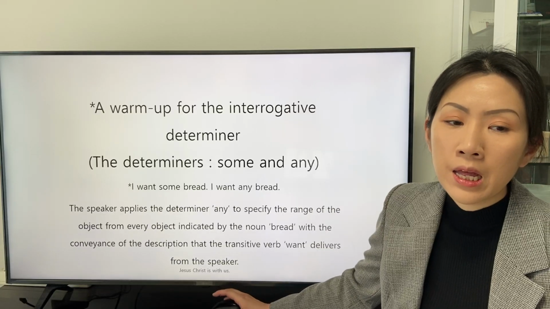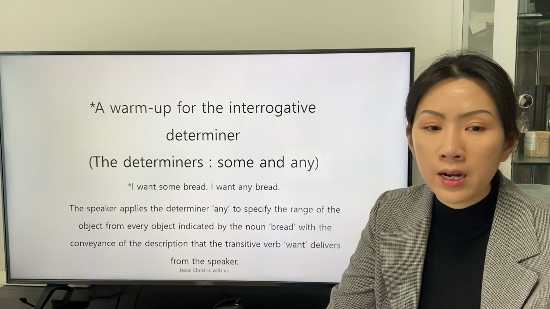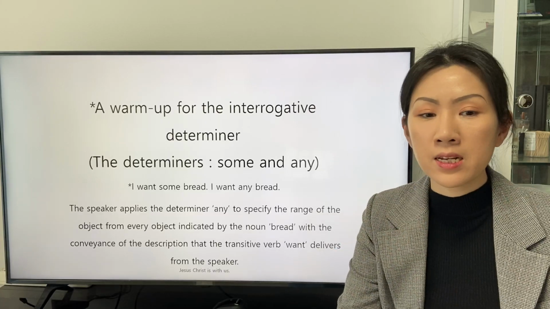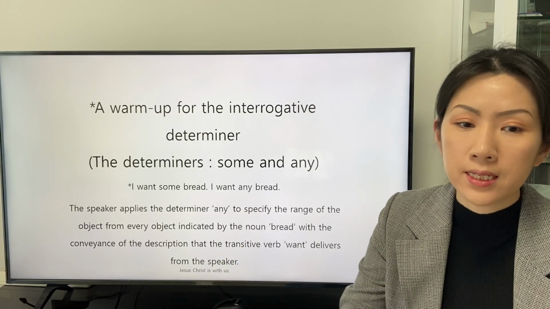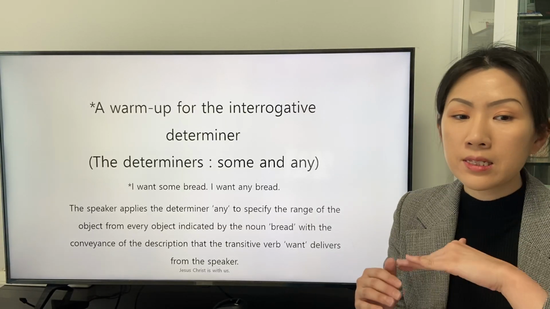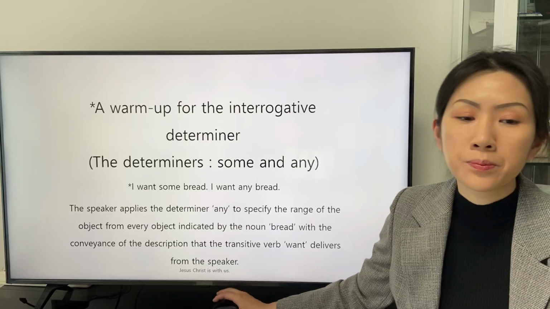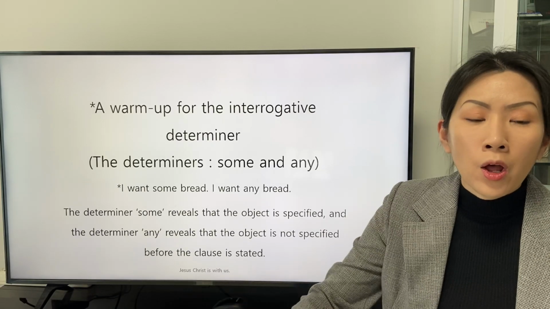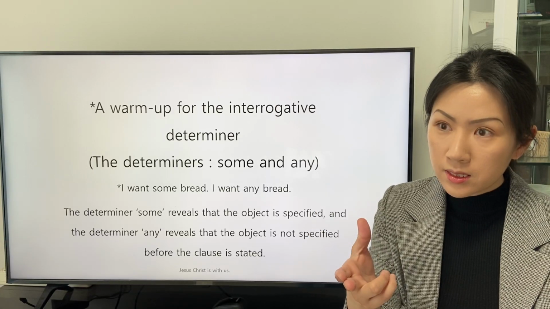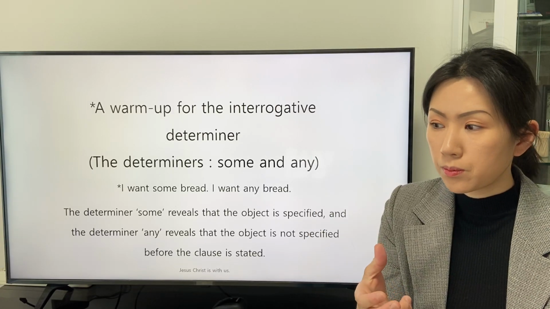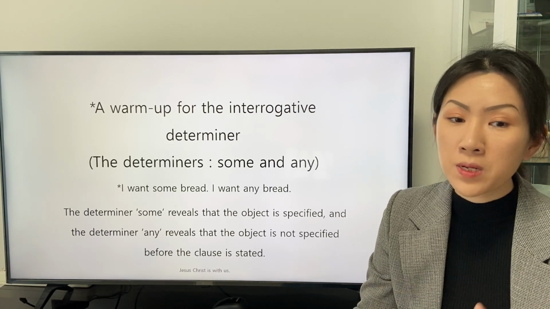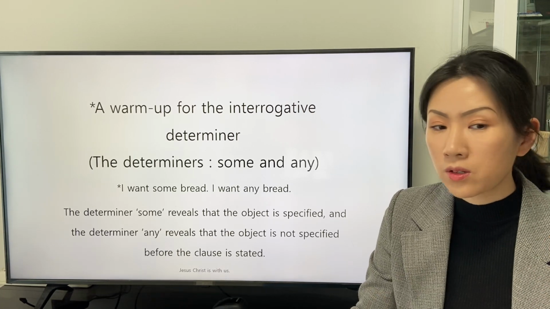The speaker applies the determiner any to specify the range of the object from every object indicated by the material noun bread with the conveyance of the description that the transitive verb want delivers from the speaker. The determiner some reveals that the object is specified primarily, and the determiner any reveals that the object is not specified before the clause is stated.